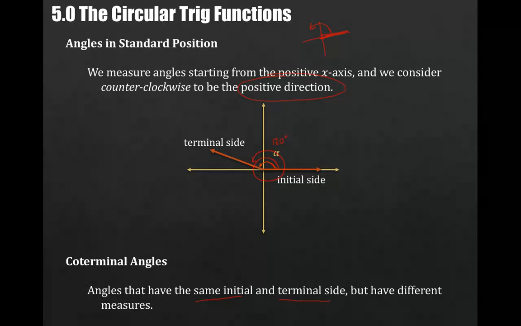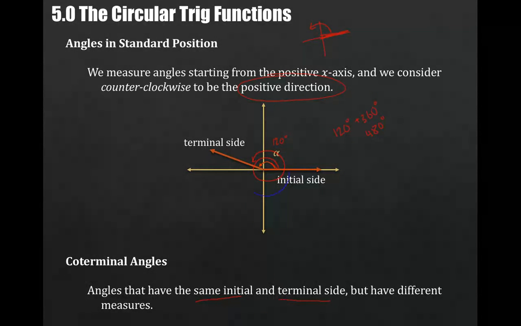I have the same initial and terminal side, but it's a different degree. This is 120 plus 360 degrees. What is that? 480 degrees. Those are coterminal angles.